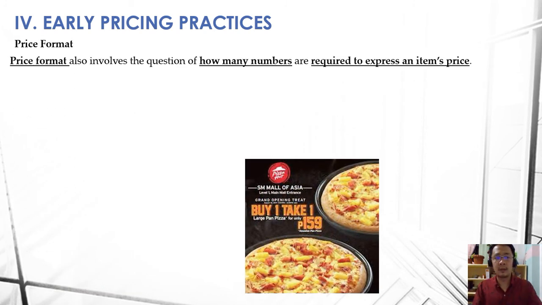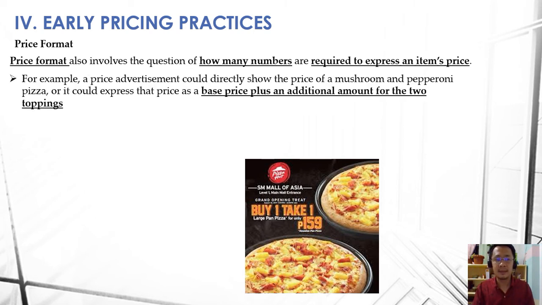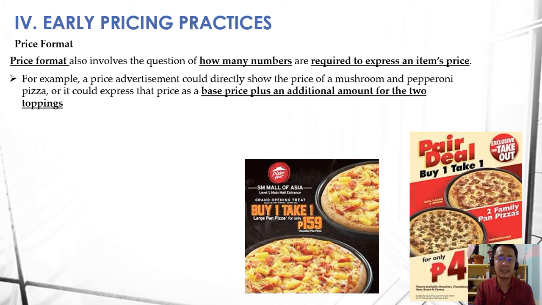Price format also involves the question of how many numbers are required to express an item's price. For example, a price advertisement could directly show the price of a mushroom and pepperoni pizza, or it could express that price as a base price plus an additional amount for the two toppings.